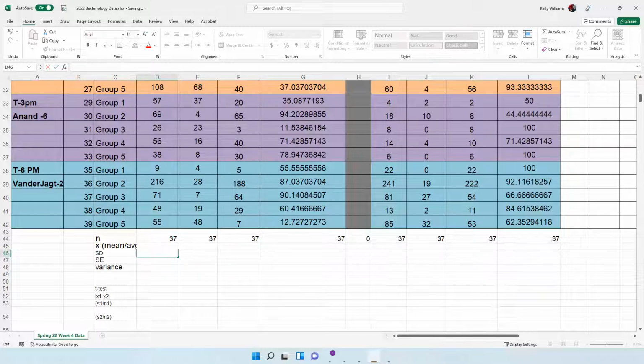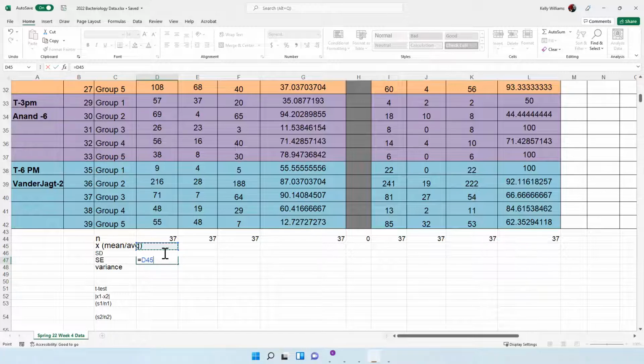For standard error. Standard error is not on Excel, so what you're going to need to do is divide the standard deviation by the square root of the number of replicates, or N. So you can do equals, you can click on this normally.